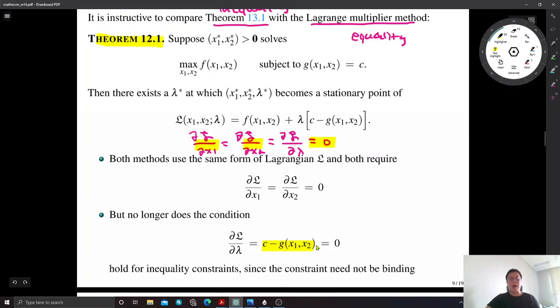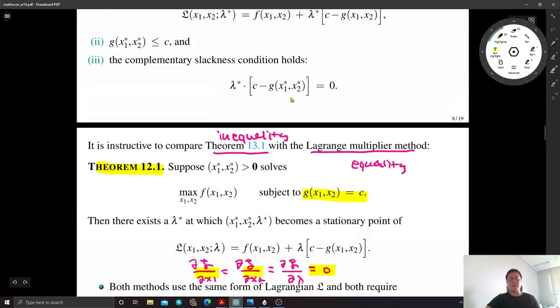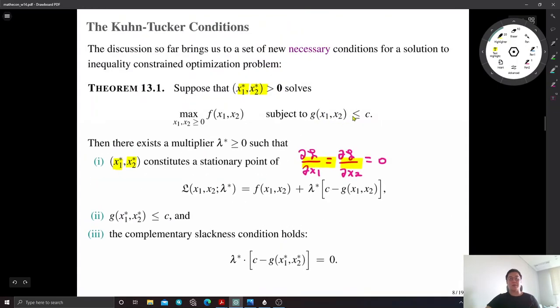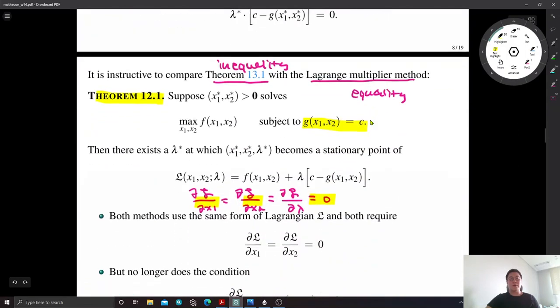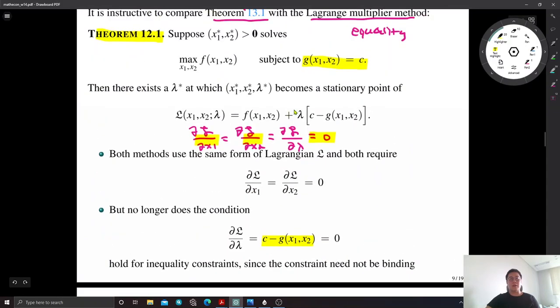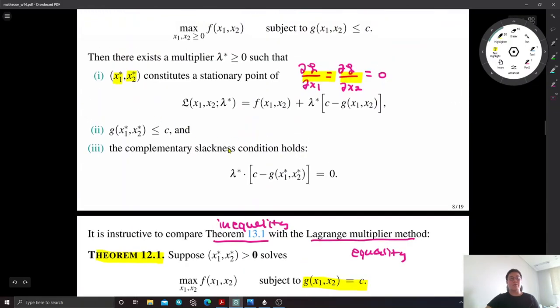That is true when we have an equality constraint. But in the case of an inequality constraint, it may be binding or not. So this last condition is now replaced with these two conditions. The constraint may be binding or may have slack, but regardless, the complementary slackness condition must be satisfied.